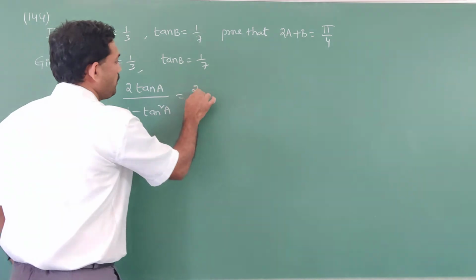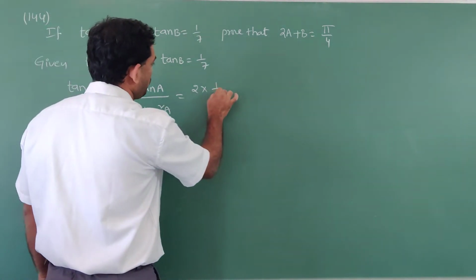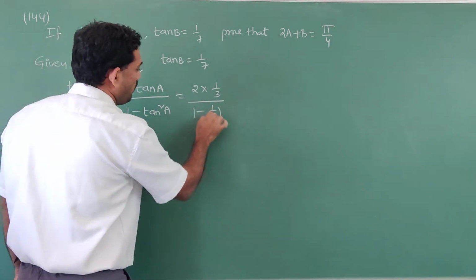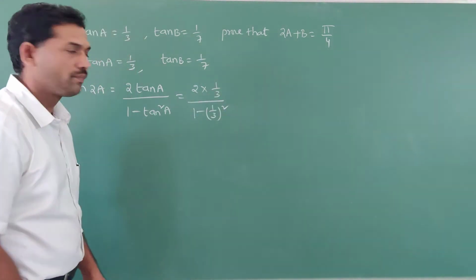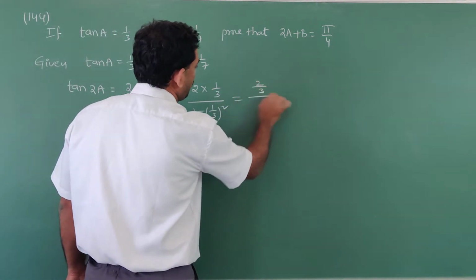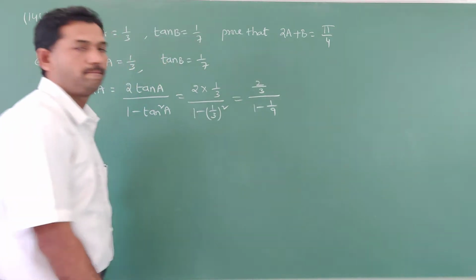So 2 into tan A, 1 by 3, divided by 1 minus 1 by 3 whole square. So it is equal to 2 by 3 whole divided by 1 minus 1 by 9.